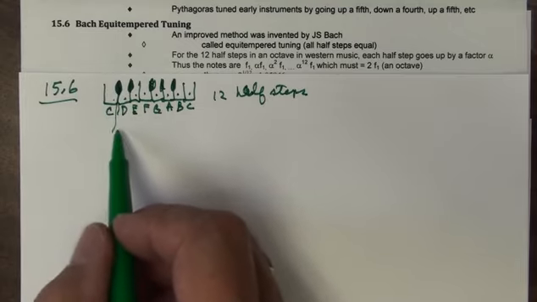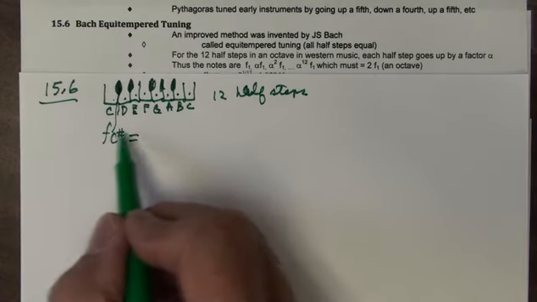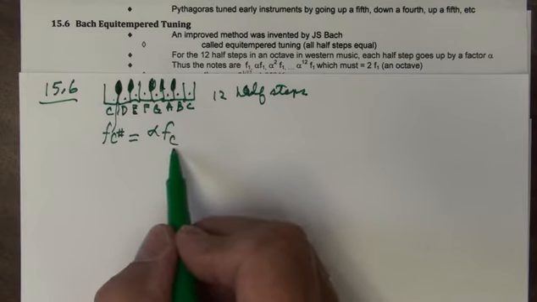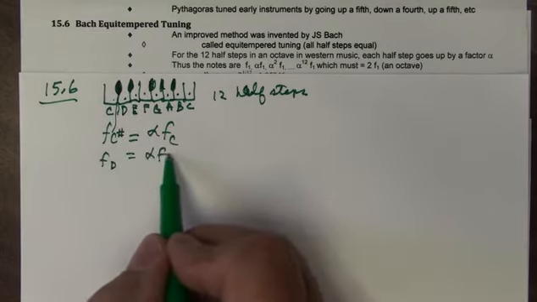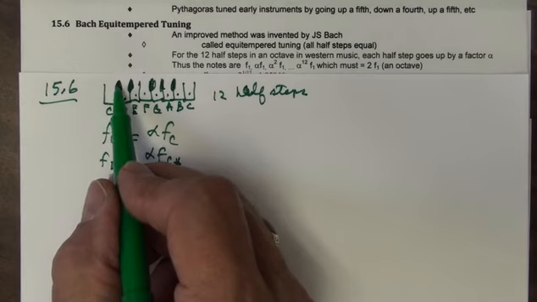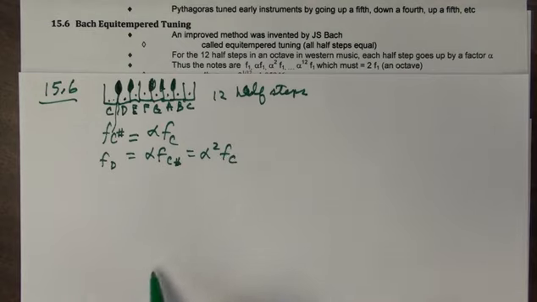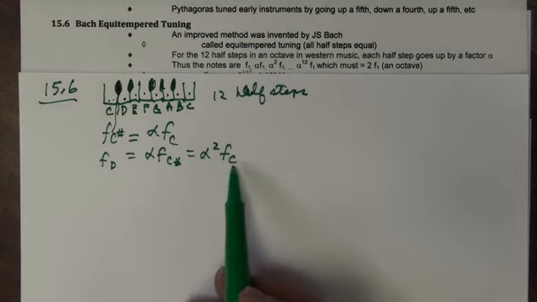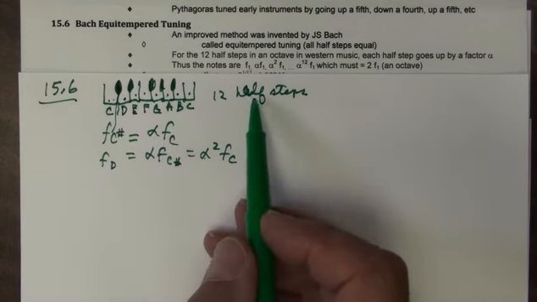So the frequency of C sharp should be equal to alpha times the frequency of C. Then the frequency of D should be equal to alpha times the frequency of C sharp, but that's alpha times C, so this is alpha squared times the frequency of C. So a whole note is a frequency jump of alpha squared, whereas a half note is alpha. When I get to the octave, I should have done this 12 times.